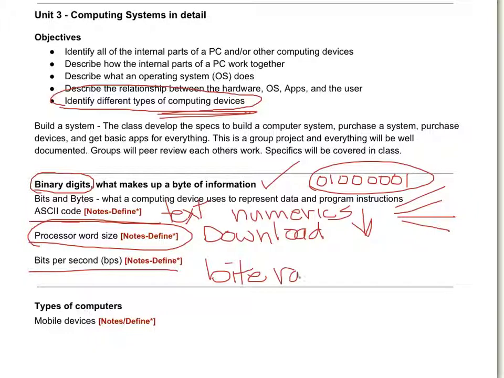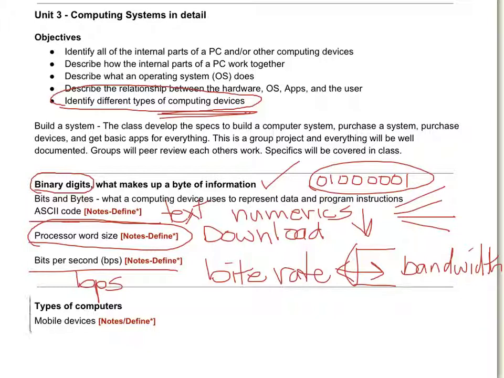You don't hear people talk about bit rate per se, but it's how many, and we typically use bits per second, how many bits we can move between two devices. And we'll talk more later on about what maybe is heard more often, which is the bandwidth.